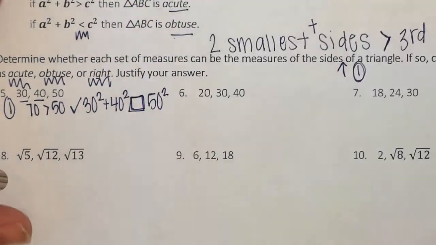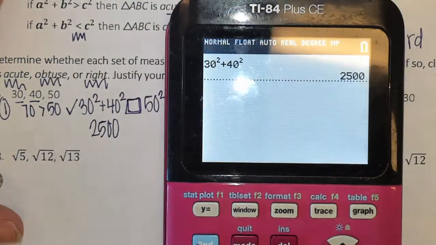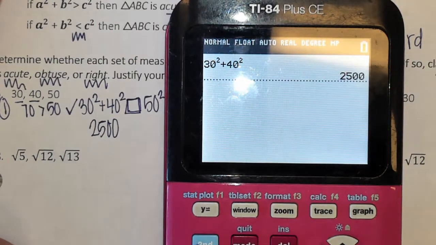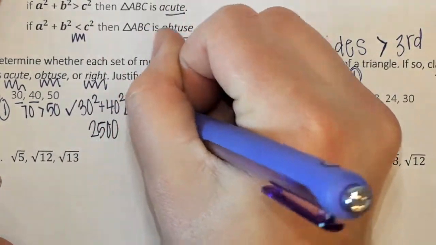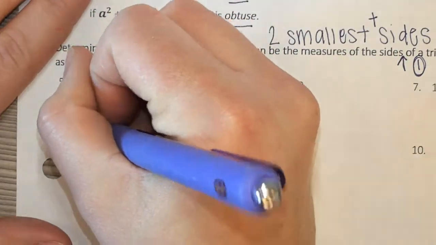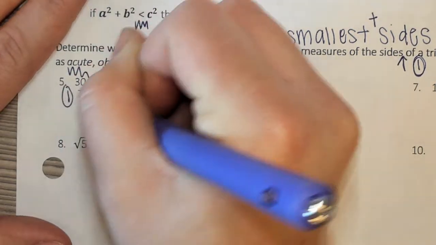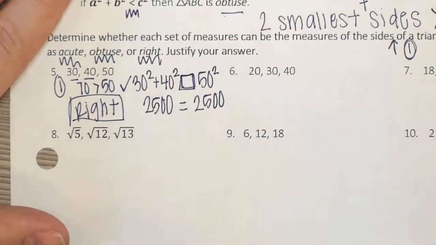So I get that that's 2,500. Then I'm going to plug in 50 squared, and that's also 2,500. Well, those 2 are the same thing, so that means that this is a right triangle, because a squared plus b squared is equal to c squared.